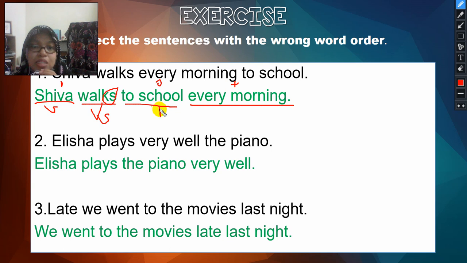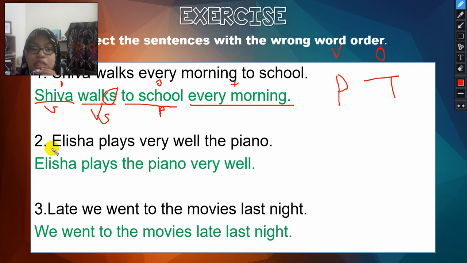Ni place, ni time. Okay, kena apa dulu? Place dulu, baru time. Kena verb dulu, baru object. Kena ingat ni, verb dulu baru object, place dulu baru time.